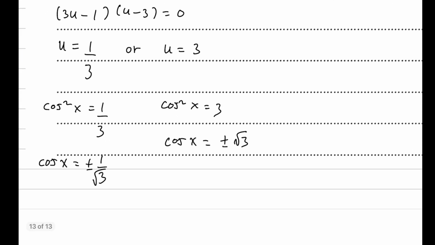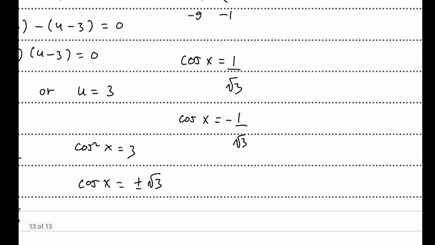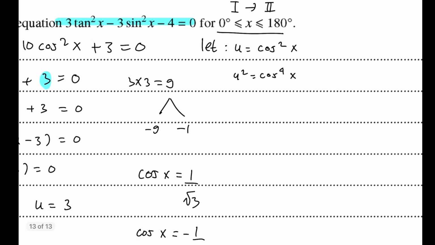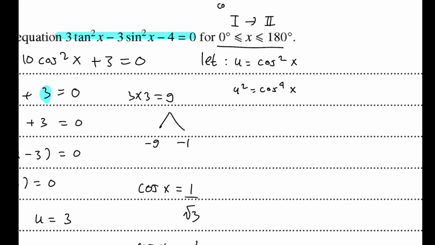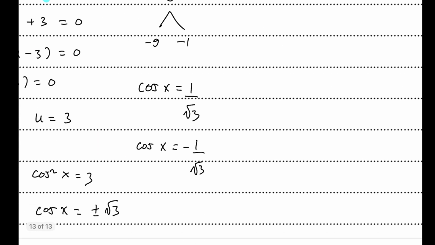So the first one, cos x equals 1 over square root of 3. The second one, cos x is minus 1 over square root of 3. Because our quadrant is only the first and the second, in the first cosine is positive, in the second cosine is negative. So for the first one, because our cosine is positive, it lies in the first quadrant, which we can find using our calculator.